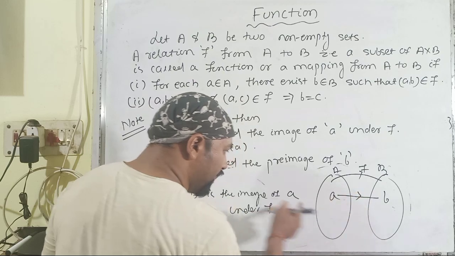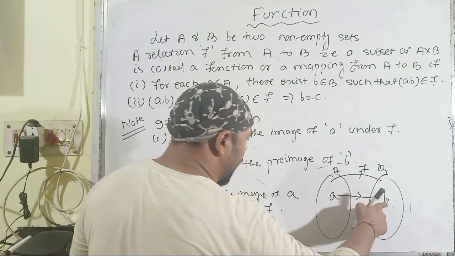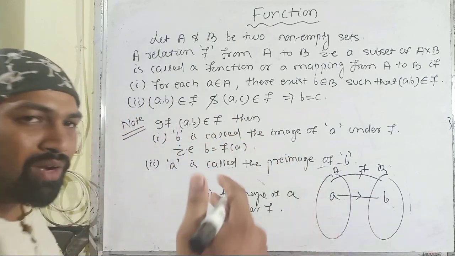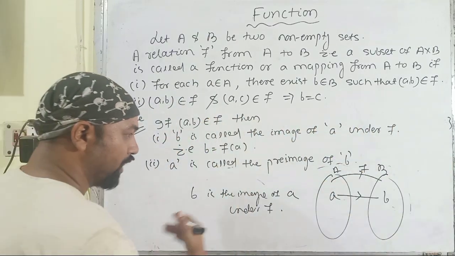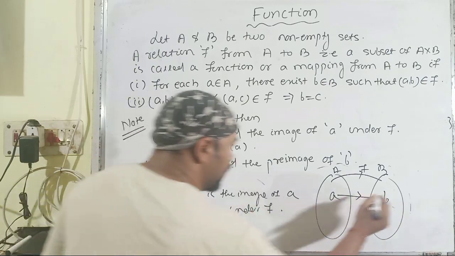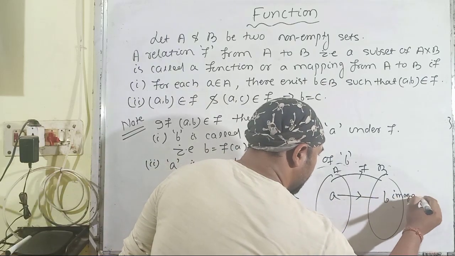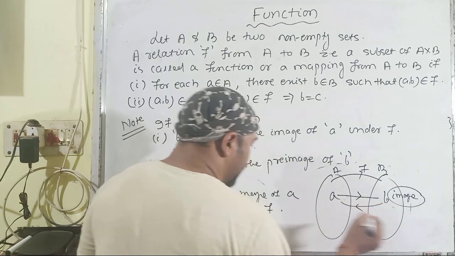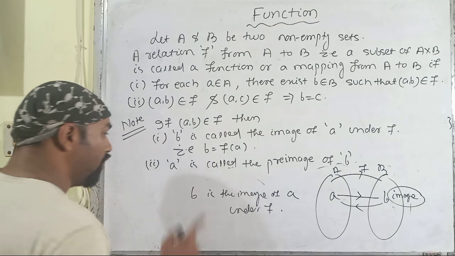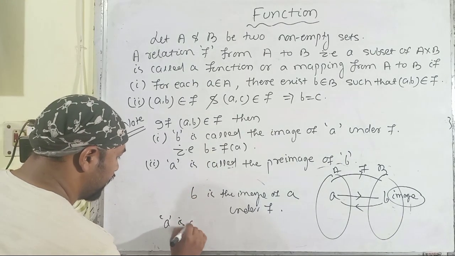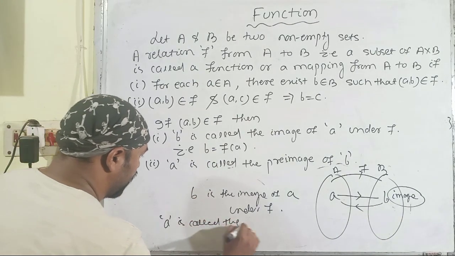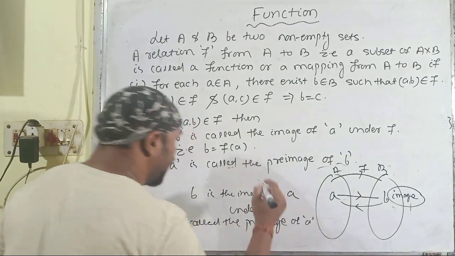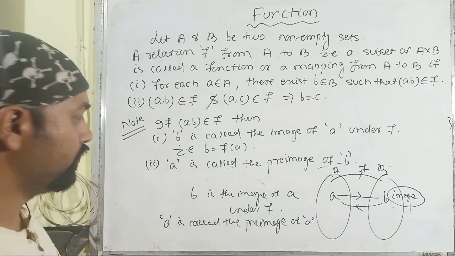If we are proceeding from left to right, then we can call it b is the image of a. Suppose we are proceeding from the right side to the left side. If this is the image and we are reversing the direction, then a is called the pre-image of b under the function f.